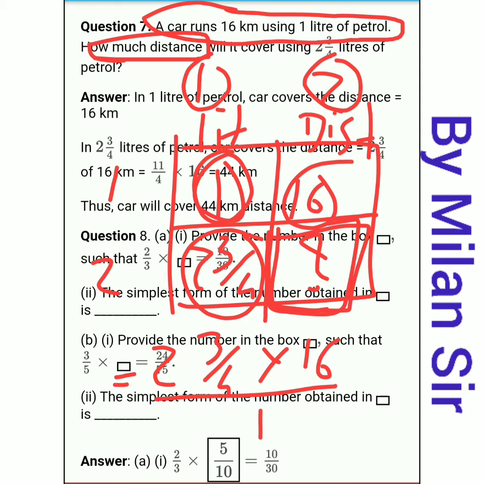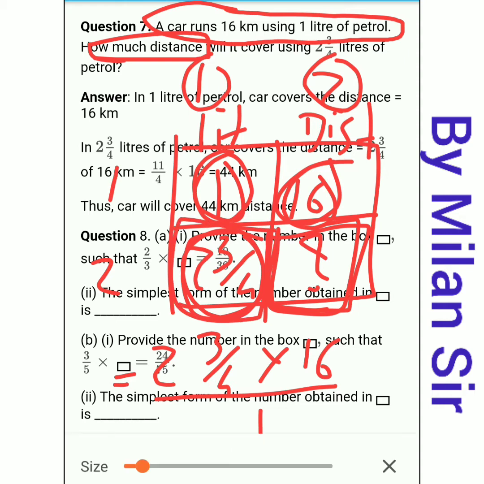So we need to multiply it and divide by 1, that means our first position. Always we need to follow this method: this box and this box we need to multiply, and with the first box we need to divide it.